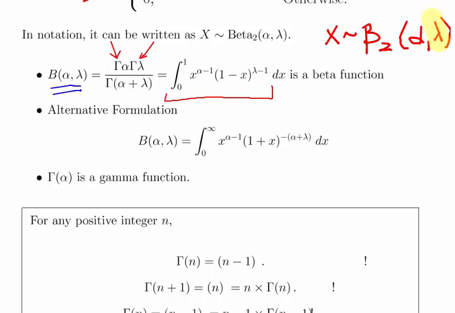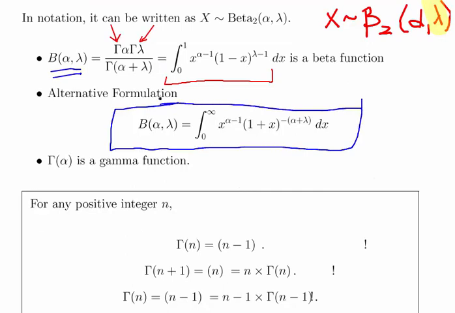Now this is where the problem sets in with regard to the limits of integration. What we need here is an alternative formulation, and this is the key thing. Beta of alpha and lambda is an integral from 0 to infinity of x to the power of alpha minus 1 times 1 plus x to the power of minus alpha plus lambda.